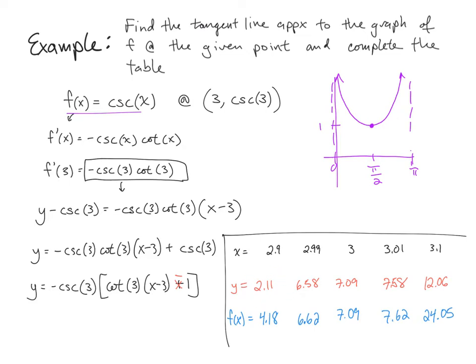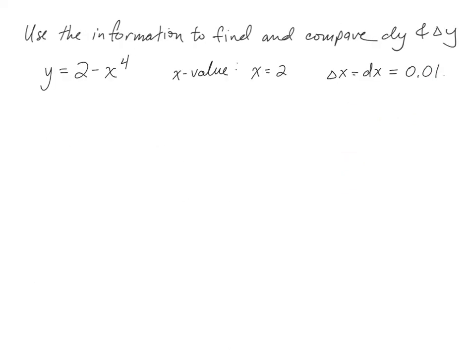Let's take a look at one more example. This will be the last example before we get to error propagation. So we will use the information to find and compare dy and delta y. So what you will be given is a function, an x value, and the delta x slash dx. So what you want to remember here is that dy is equal to f prime of x dx.